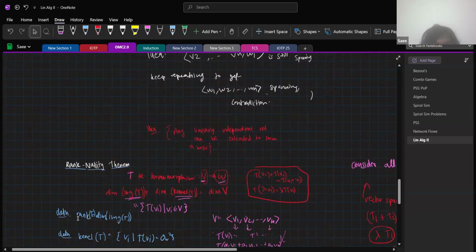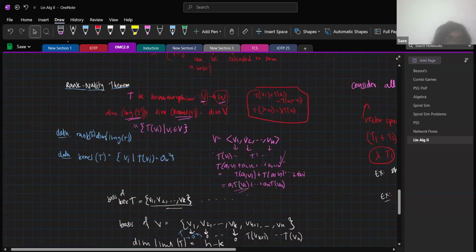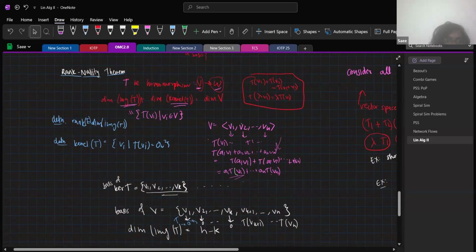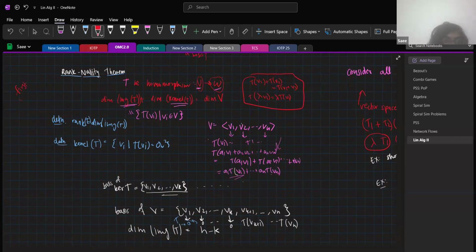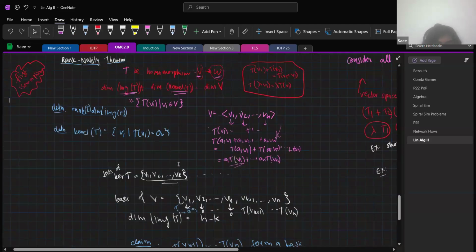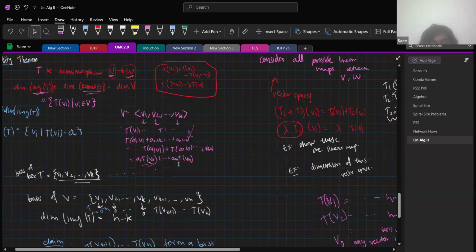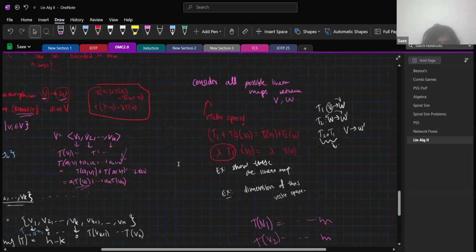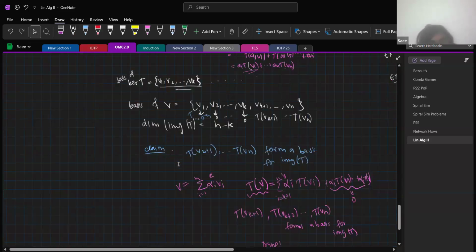Then we looked at the Rank-nullity theorem. By the way, you should go back to the last class and look at the first isomorphism theorem, and you will notice that this directly follows from it as well. Then we looked at this expansion of basis idea and related it with matrices and vectors.